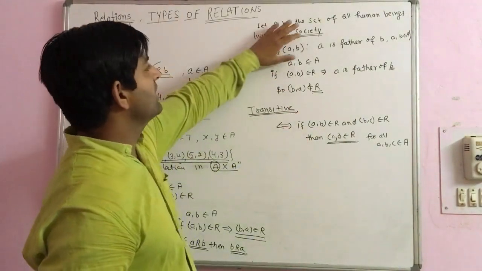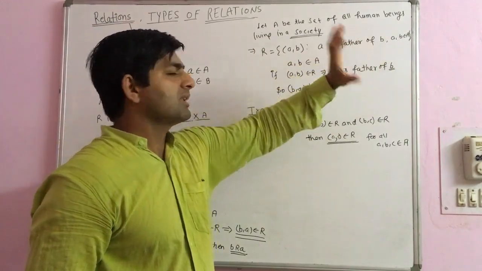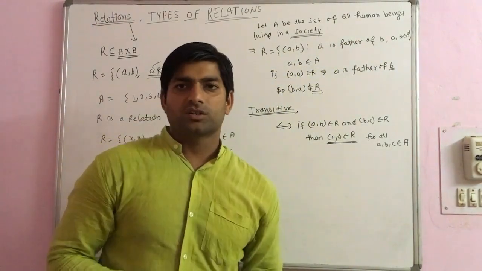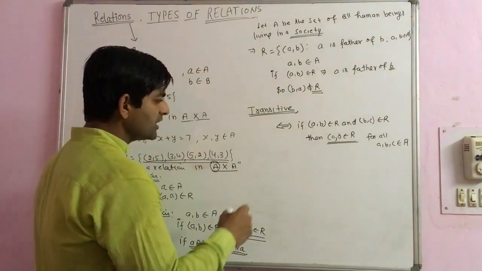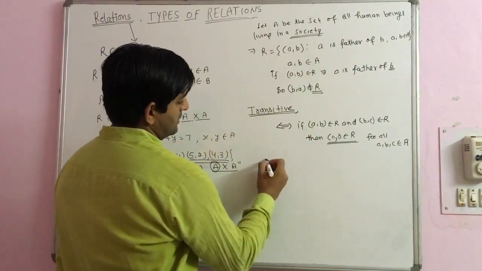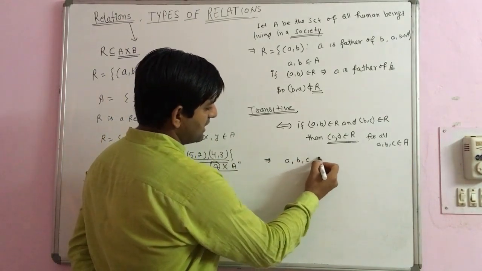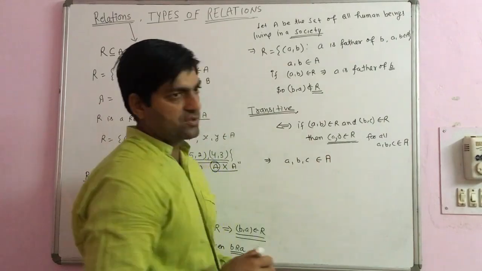Again, if we look at this example, R, AB, A is the father of B, we want to check whether it is transitive or not. For this kind of question, let A, B, C be three persons from that society.